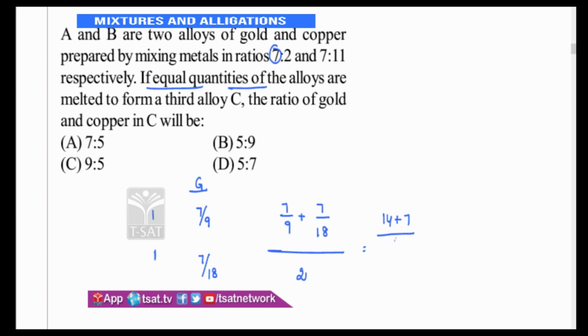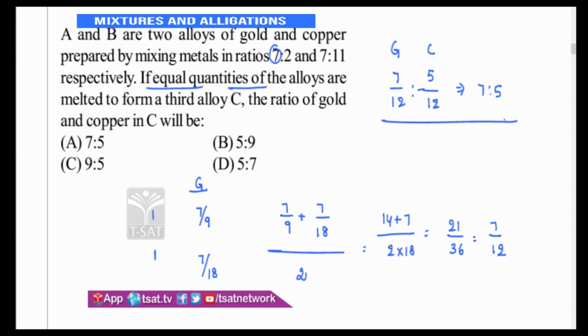This 18 comes down, 2 into 18, 21 by 36. Cancel it in the 3 table, 7 by 12. So gold in the resultant mixture is 7 by 12. Therefore copper should be what? 5 by 12. Remaining is copper, right? So what is the ratio? The ratio of gold and copper in the resulting mixture is 7:5.